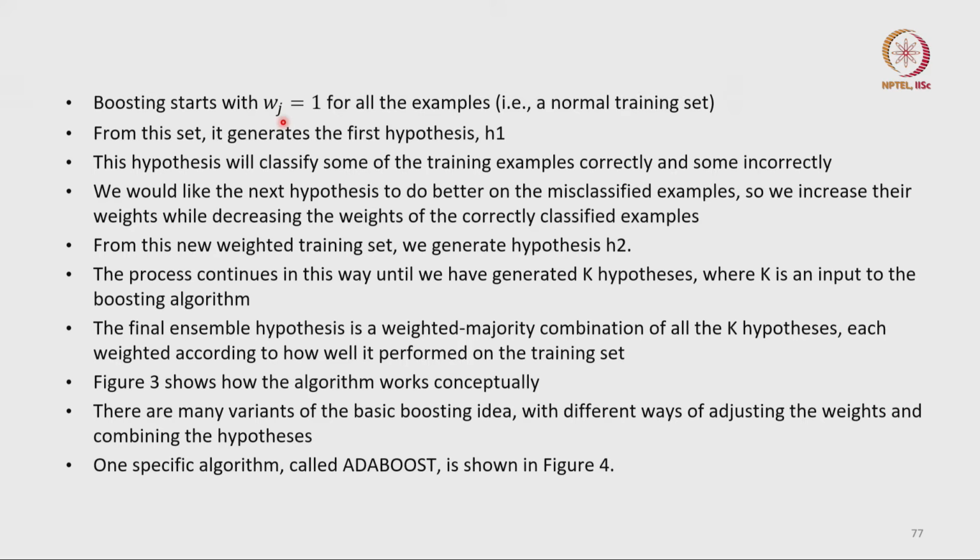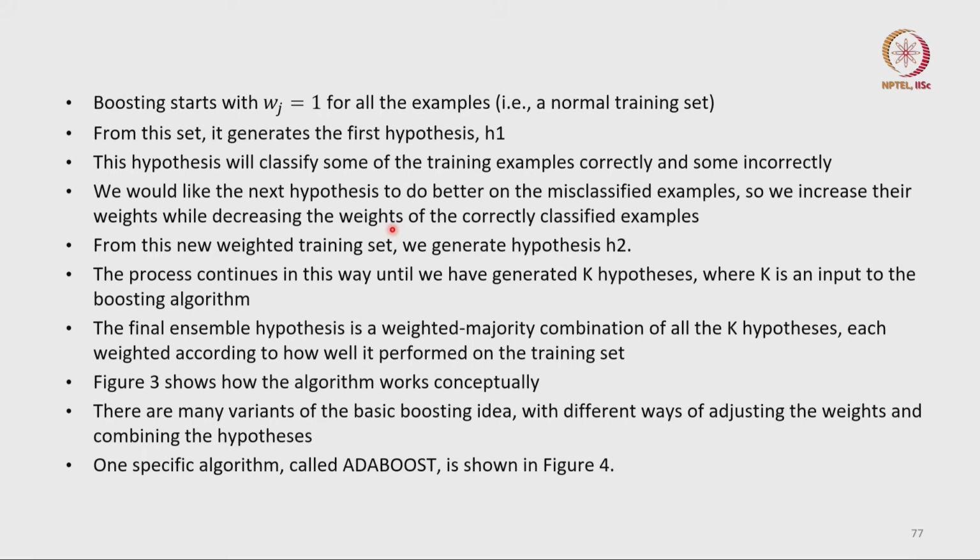So, it starts with Wj equal to 1. When it uses the first hypothesis, the hypothesis will classify some of the training examples correctly and some incorrectly. Then for the next hypothesis, for the ones which have been misclassified, you change their weights.